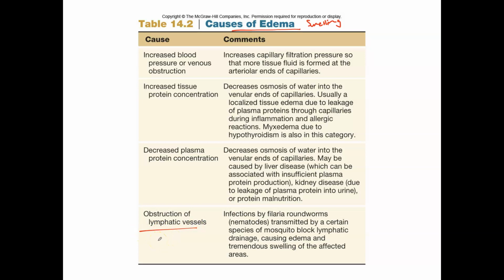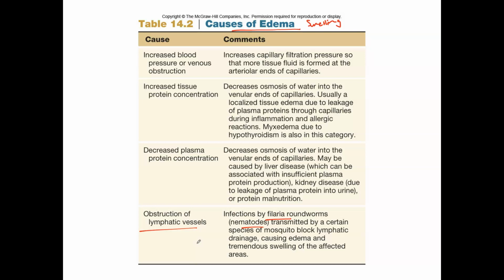If there are cancerous cells in the lymphatic system, if parasites get into the lymphatic system and they grow and they block lymph flow, that's going to lead to swelling because those lymph vessels can't pick up the extra fluids. So when you have filarial type worms, nematode worms that can get into the lymphatic system, that can lead to obstruction of the vessels, and that can lead to edema.